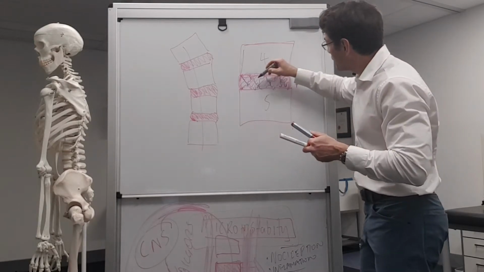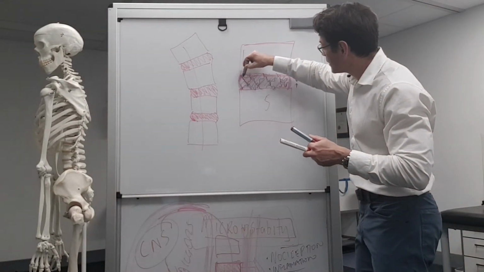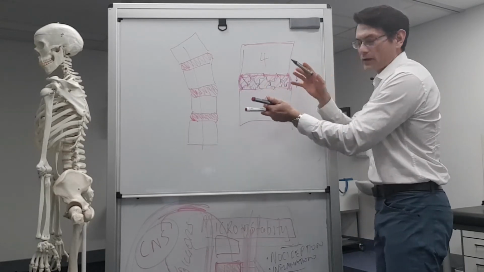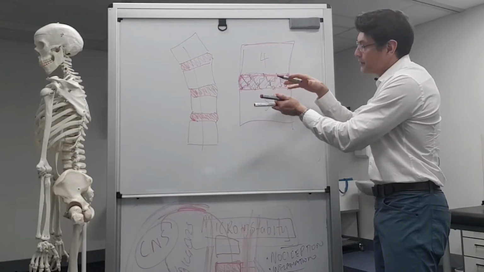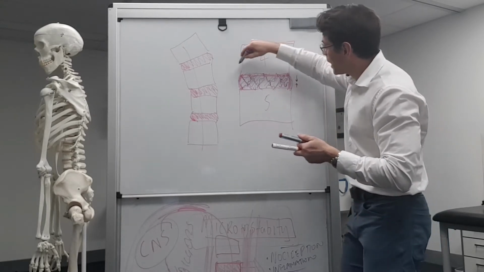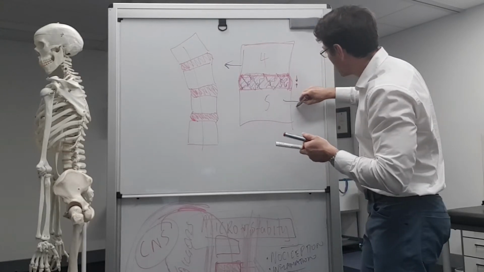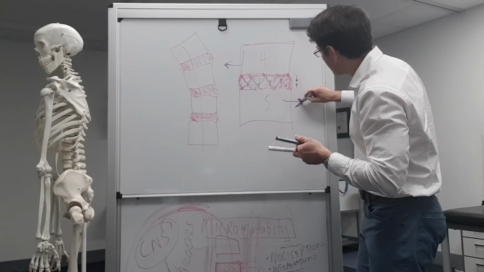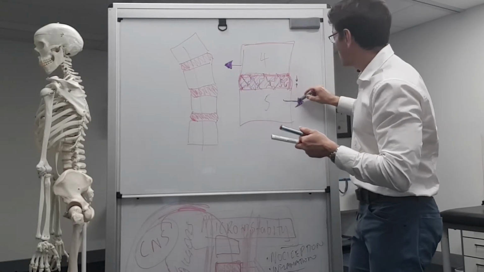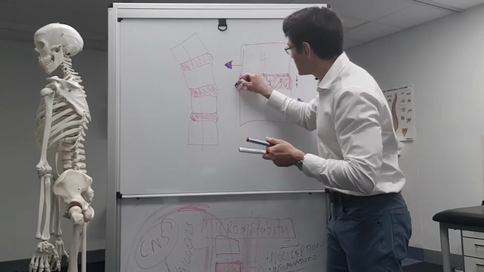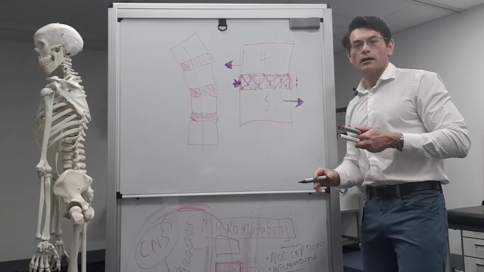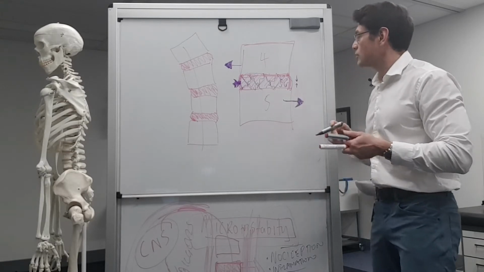So now our disc is even more susceptible to this micro-instability, because you can imagine, instead of having nice tight fibers, you've got quite loose and flaccid fibers. So now these bones can slide in a very unsafe way with micro-instability that then can lead to a tear there, okay, and then the activation of all the pain processes that we've been talking about.